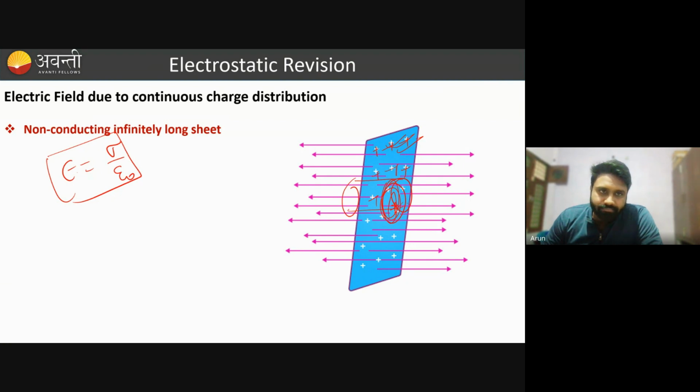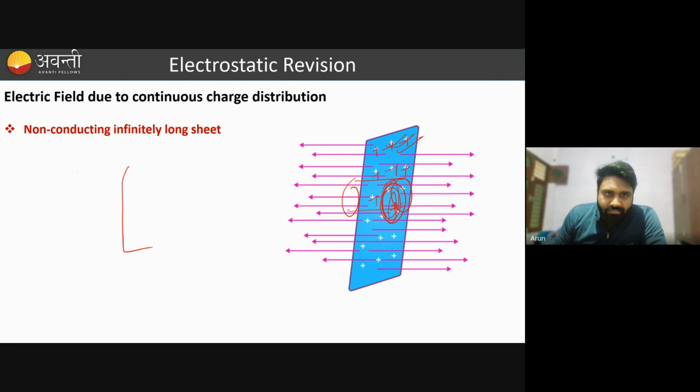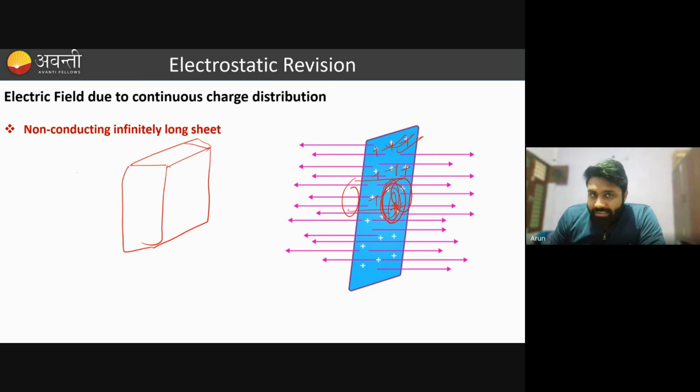Got it? Now, one more thing I want to discuss with you. Consider a thick sheet. If this is a non-conducting sheet, the charge will be inside of it, so you need 3 situations there.